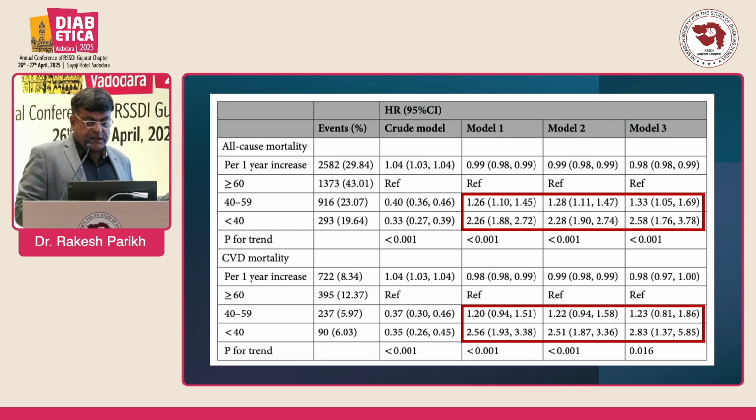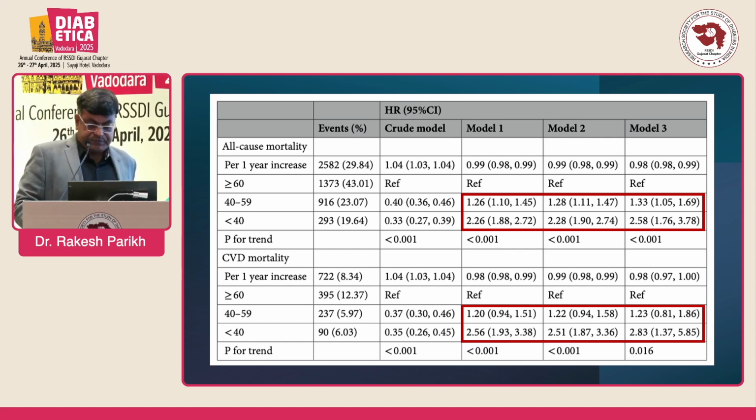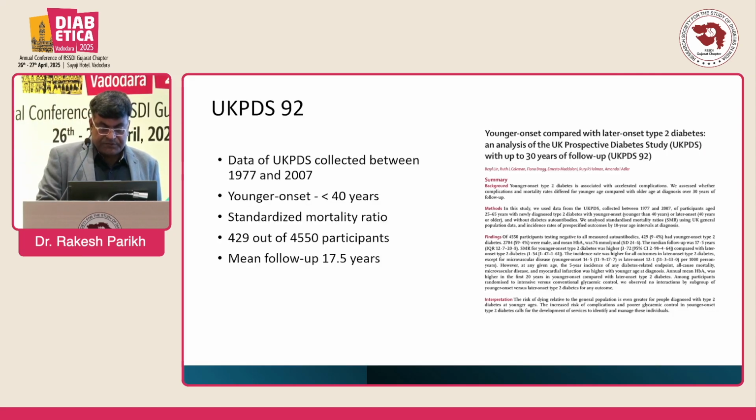And this is the analysis. We will not go into models 1, 2 and 3, but compared to individuals who develop diabetes at more than 60 years, someone who develops it at less than 40 years has 2.26, 2.28, 2.58 times higher all-cause mortality. Similarly, 2.5 to 2.8 times higher cardiovascular mortality. And these are age standardized.